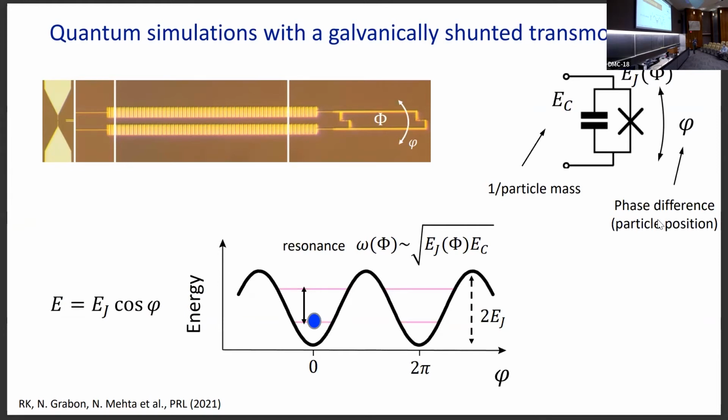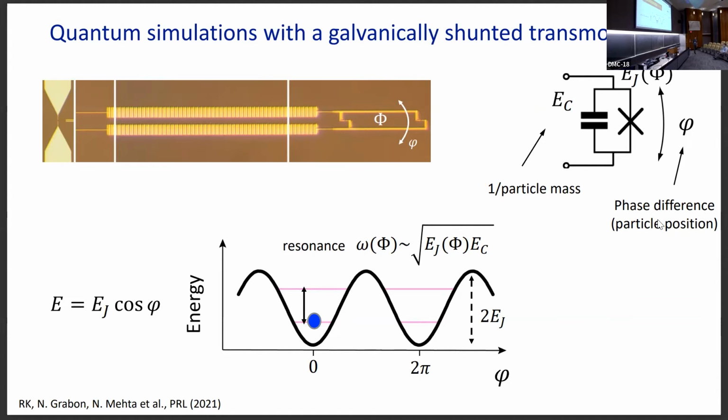So let me explain a little bit more how to think about these Josephson junctions. This qubit or Josephson junction can be described by a phase difference across the Josephson junction, and you can think about its physics like the behavior of a particle in a cosine potential.